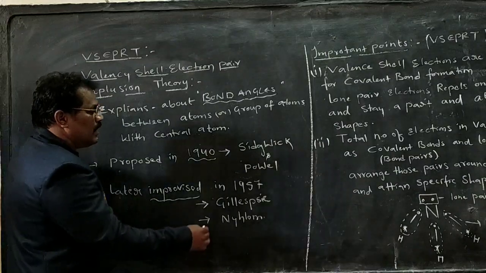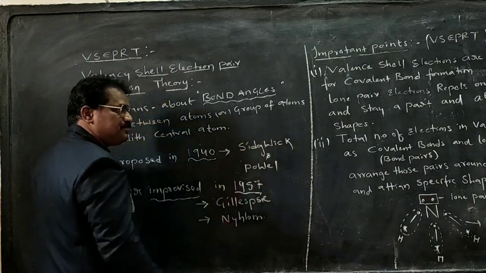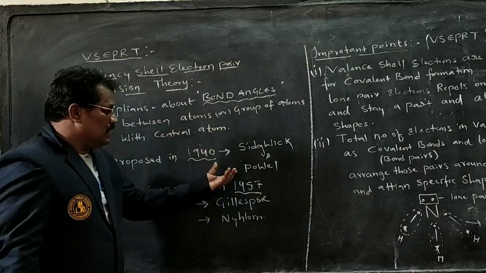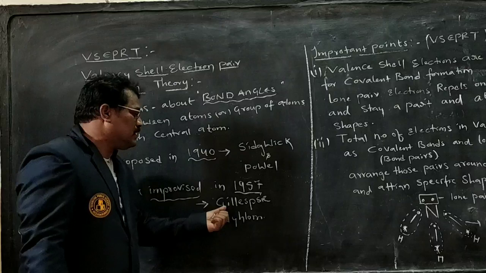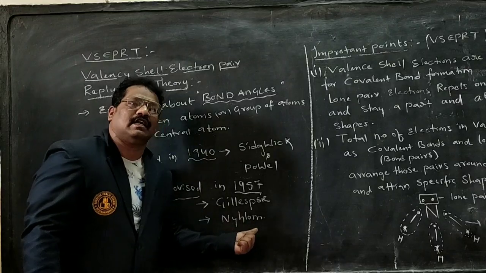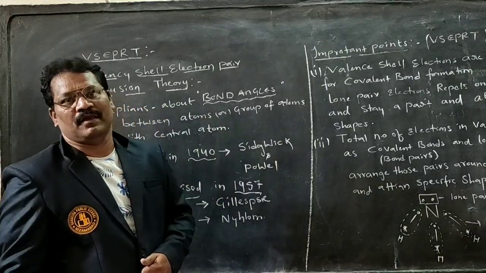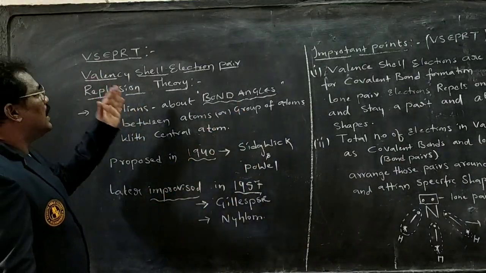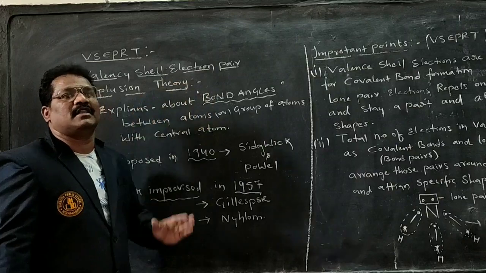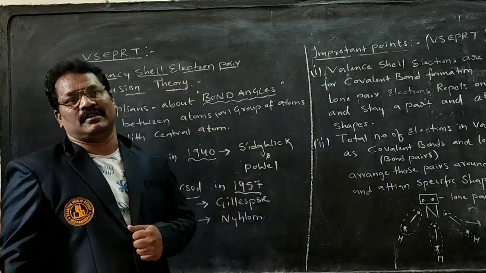In the year 1957, this theory was again improvised by two different chemists. Their names are Gillespie and Nyholm. In this way, valency shell electron pair repulsion theory came into existence.